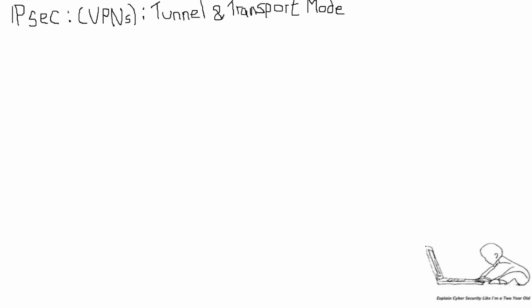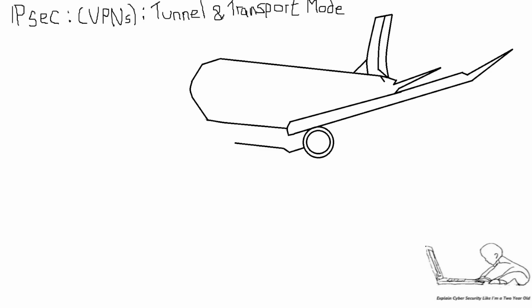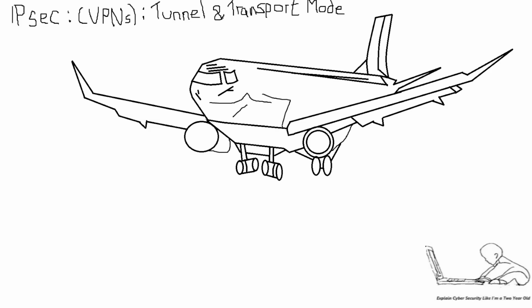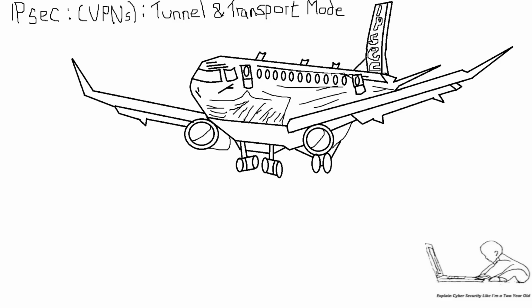Let's move on to the next mode of IPsec, known as the transport mode, aka end-to-end encryption. IPsec transport mode is used for end-to-end communications, for example, communication between a client and a server, or between a workstation and a gateway. A good example would be an encrypted telnet or remote desktop session from a workstation to a server.